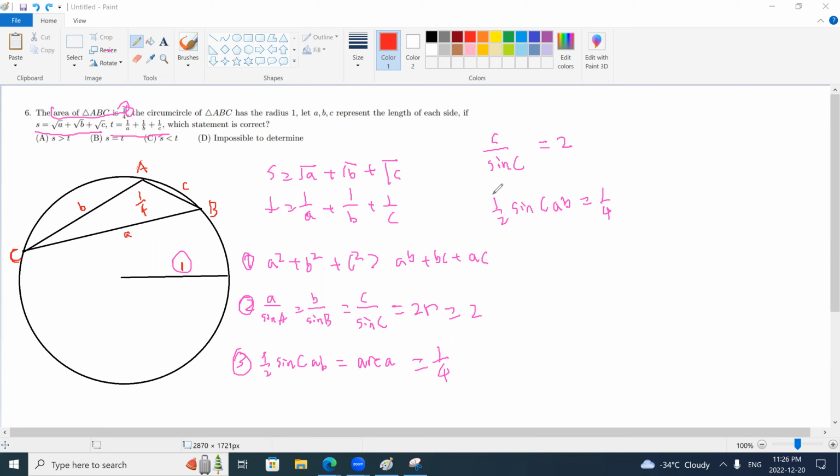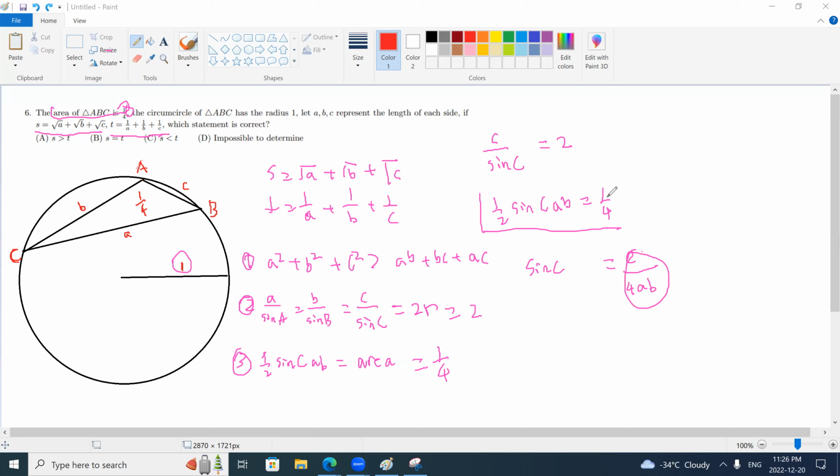From this, we can tell that, let's multiply 2 on each side, so that's 2, and then divide by ab on each side. So sine c is equal to 2 divided by 4ab.